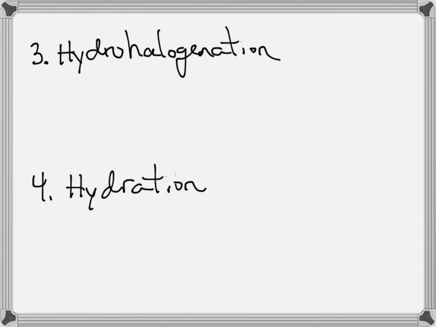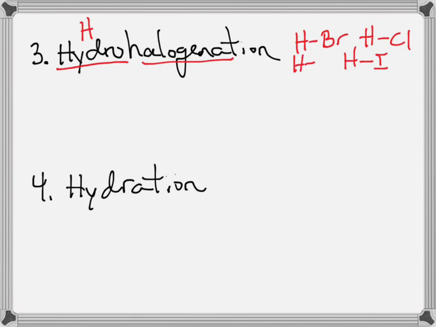Hydrohalogenation, notice hydro, that's H, and we know what halogens are. And so these would be things like HBr or HCl or HI or HF, any of those, because it has a hydrogen and a halogen. And it's the same.